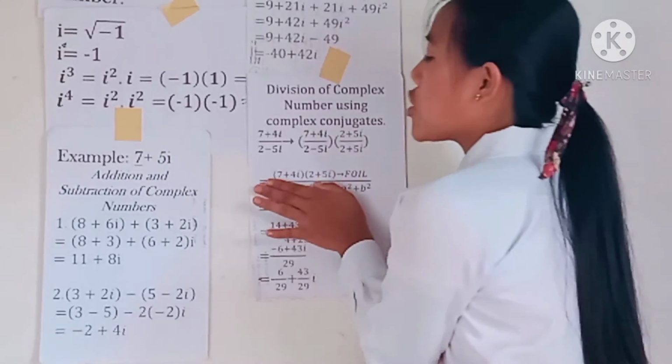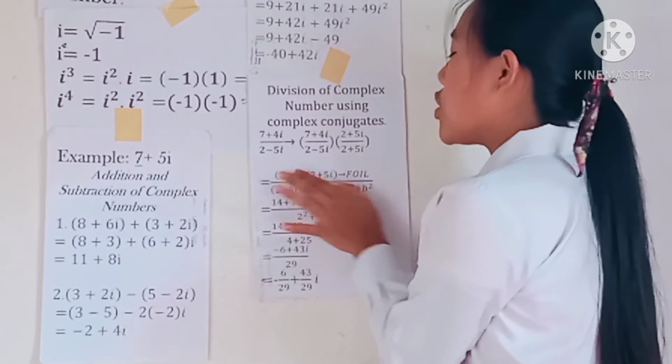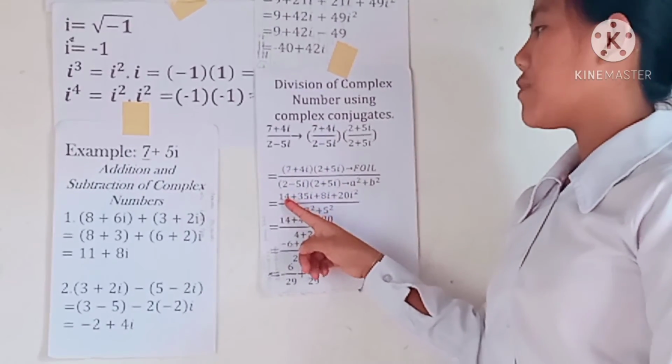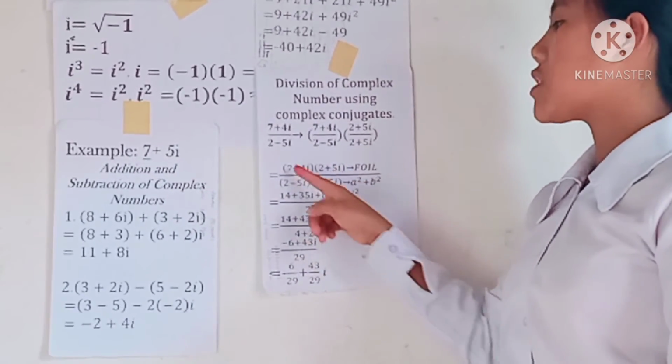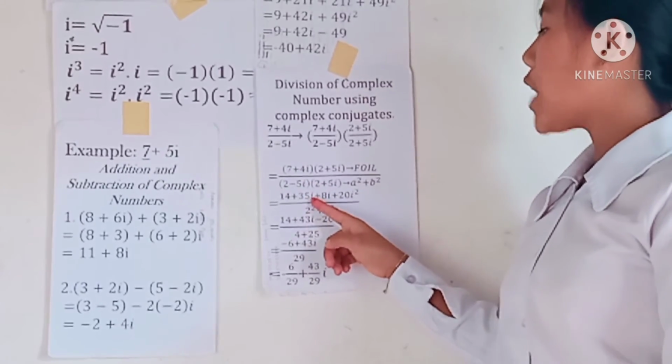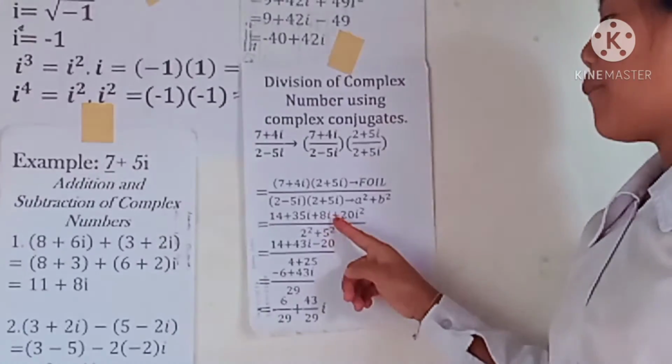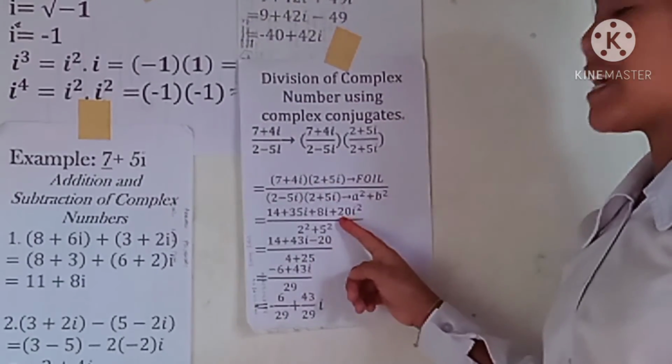First, we will distribute this using the FOIL method. 7 times 2 is 14. 7 times 5i is equal to 35i, plus 4i times 2 is equal to 8i, plus 4i times 5i is 20i squared.